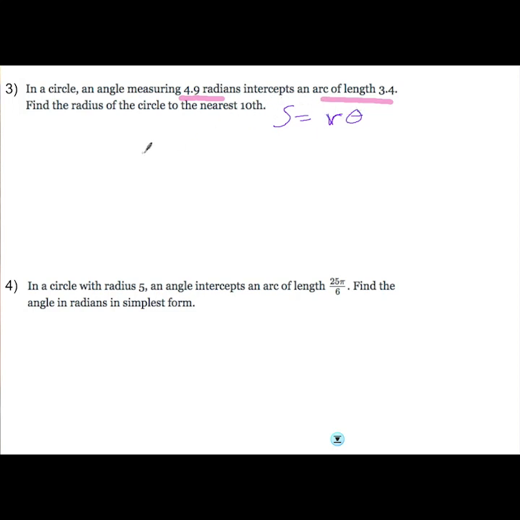R is the radius. If I want to find the radius, then I'm looking for this value right here, which means they must be giving me the other values. So this is radians, this is arc length. Just make sure you put them in the right spot. Arc length goes on this side. Radius times radians, 4.9 radians. Divide each side by 4.9.